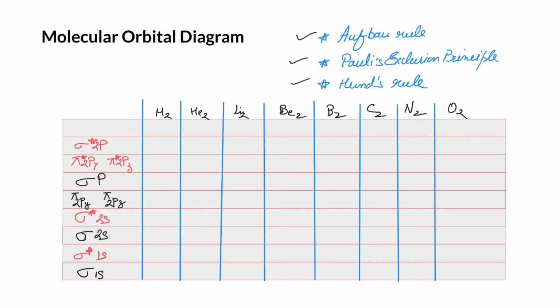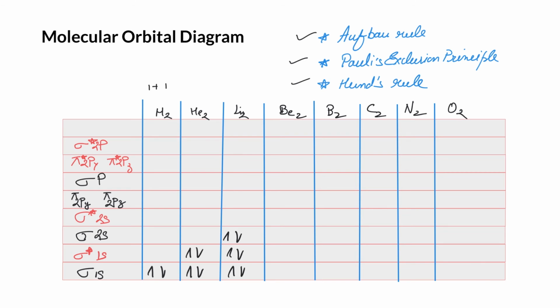So H2, remember 1 plus 1, right? 1 electron each. So this is how it goes here. In case of He2, helium has 2 plus 2, 4. So first I'll fill these two, and then I'll go on to the next energy level, that is these two. Lithium, again 3 plus 3. So this is how we are going to do.